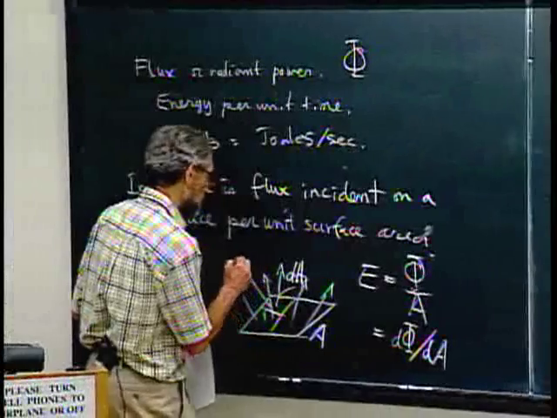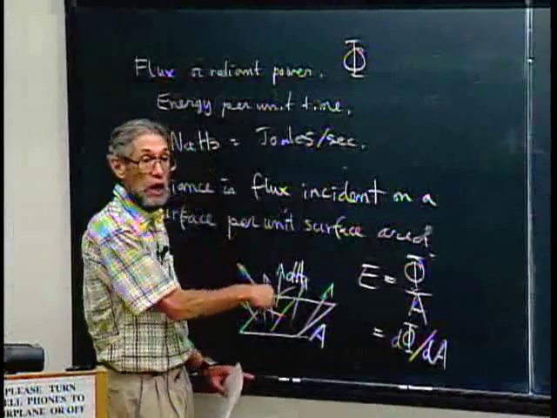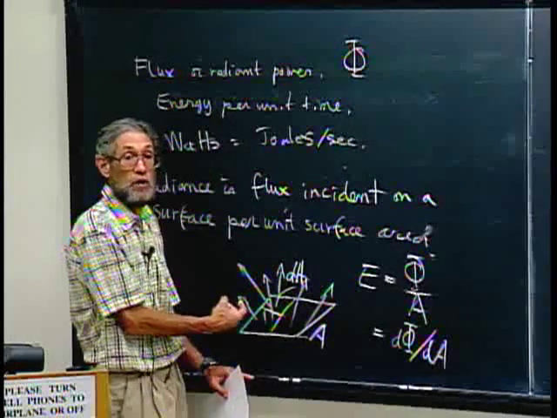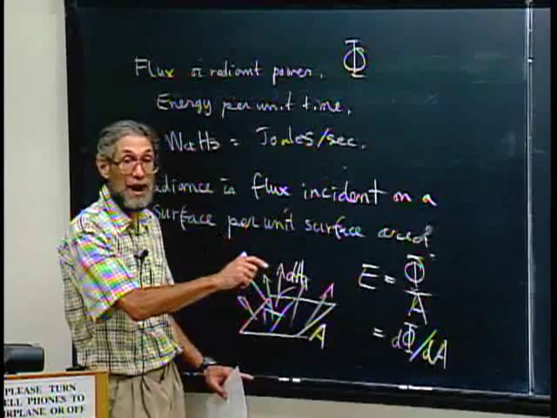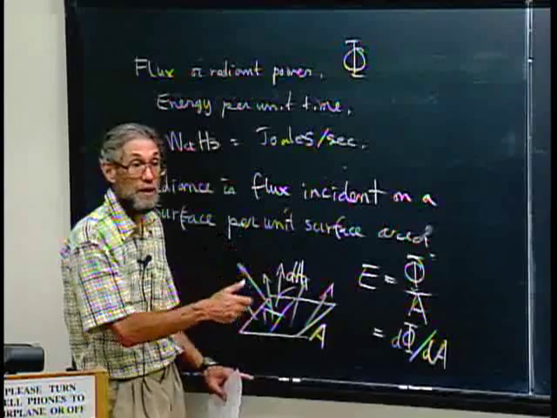And then there's also flux that can be leaving a surface, going in the opposite direction. It could be light came in and reflected, or it could be something like a fluorescent bulb or any hot surface, like a hot stove, that's emitting light.